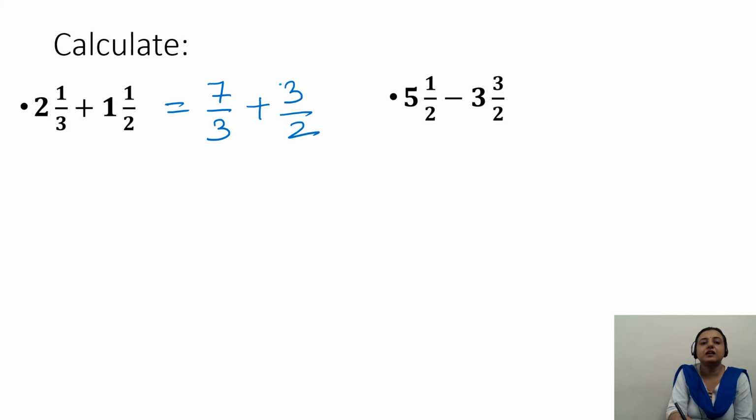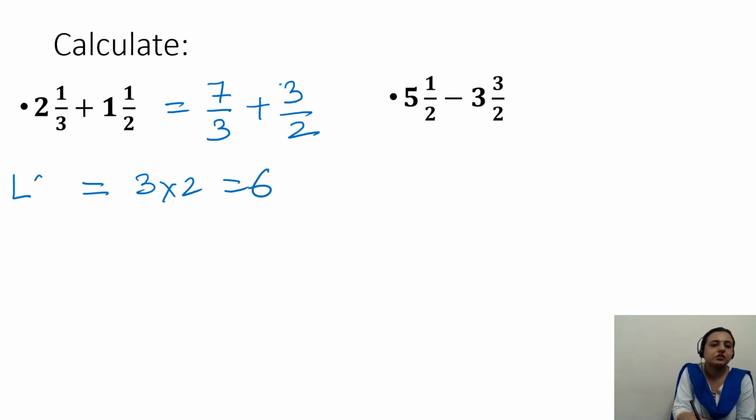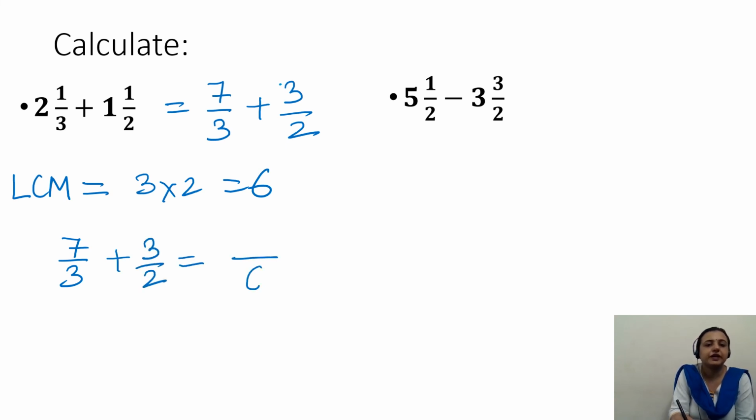So these are unlike fractions. Here I am using the LCM method. If you find out the LCM, it is 3 multiplied by 2, that is 6. So LCM कितना आएगा यहाँ डिनोमिनेटर्स का 6. सिंपली अब 7 upon 3 को आप कन्वर्ट करने जाएंगे और 3 upon 2 को आप कन्वर्ट करने जाएंगे. So you will be getting here 14 upon 6 and here you will be getting 9 upon 6.